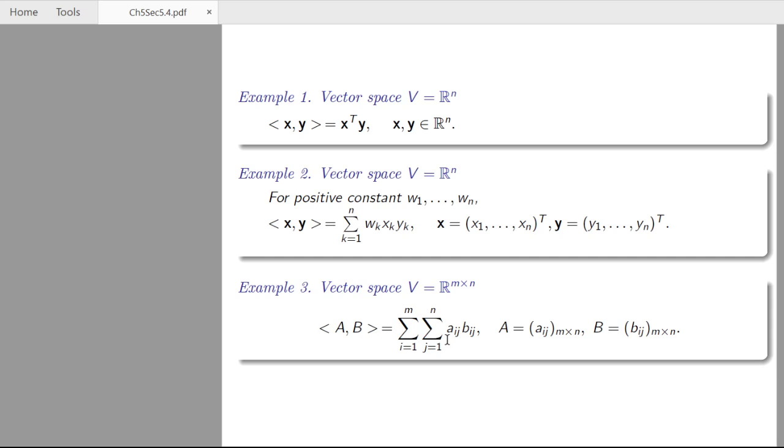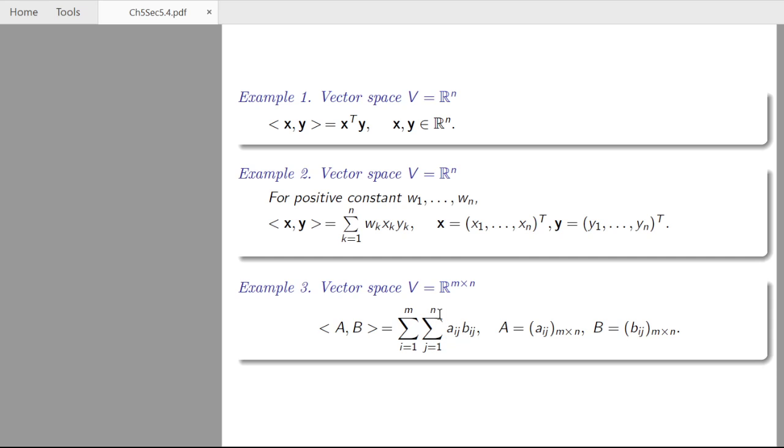This means we look at the matrix A whose entries are Aij, and B whose entries we write as Bij. Then for each cell, we make the product of Aij and Bij. Then add all of them together. So here we have a double summation, for i goes from 1 to m, j goes from 1 to n.